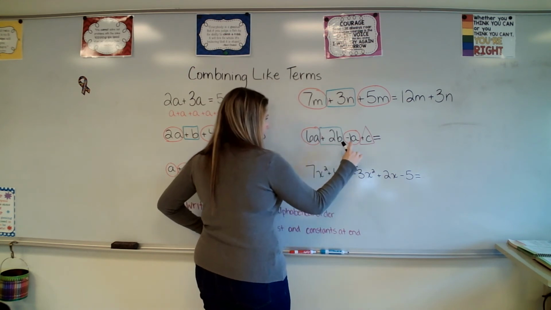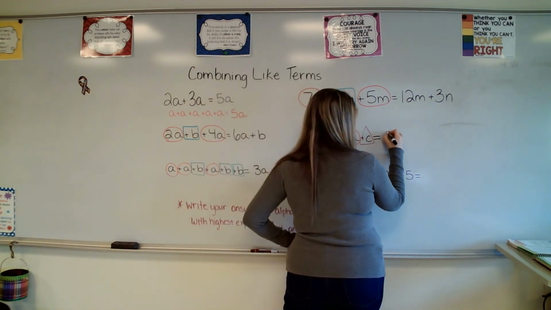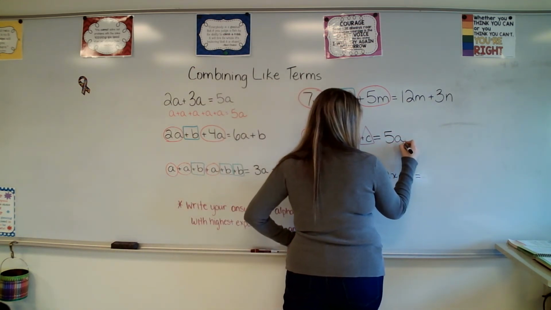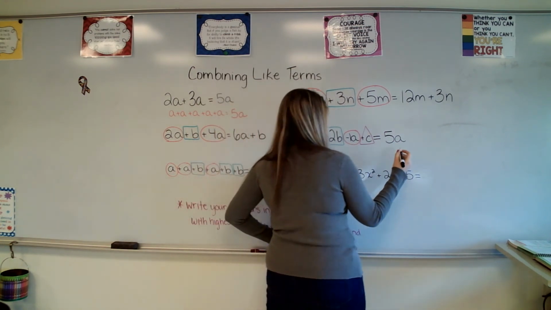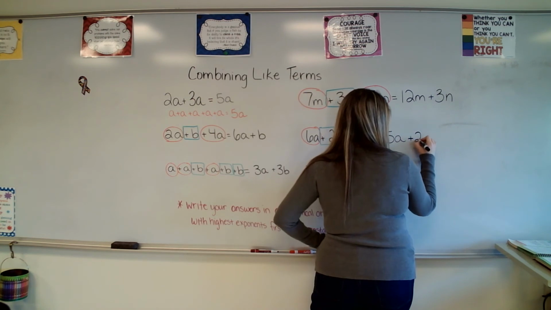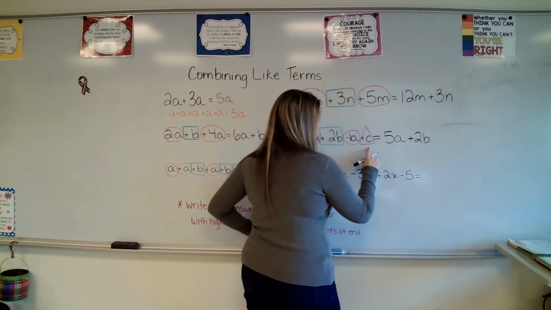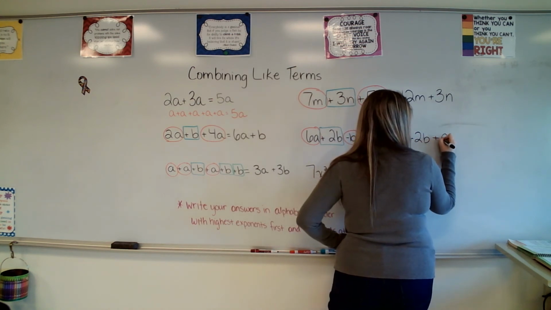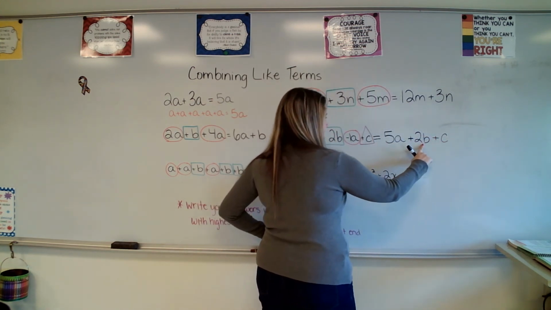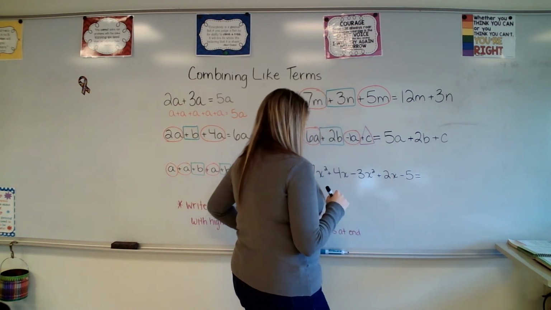So 6 minus 1 would be 5a. My 2b is the only b I have in the expression. And my c is the only c I have in the expression. So my final answer is 5a plus 2b plus c.